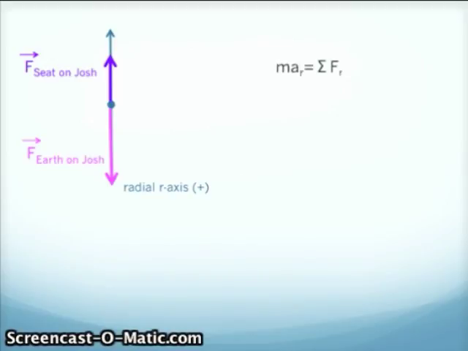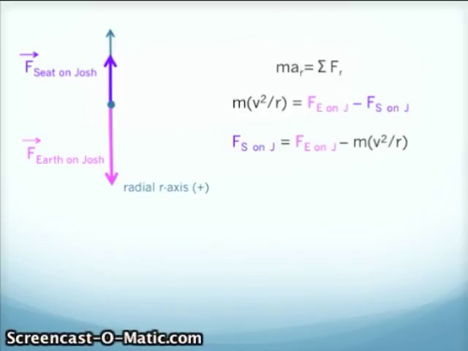Now this is our formula for Newton's second law, modified slightly for circular motion. So the mass times the radial acceleration is equal to the sum of the forces in the radial direction. So we're going to substitute in v squared over r, which we learned earlier, in for radial acceleration. And then we're going to do the sum of the forces in the radial direction, so we know that's the force that Earth exerts on Josh, which is again positive, minus the force that the seat exerts on Josh, because that force is negative.